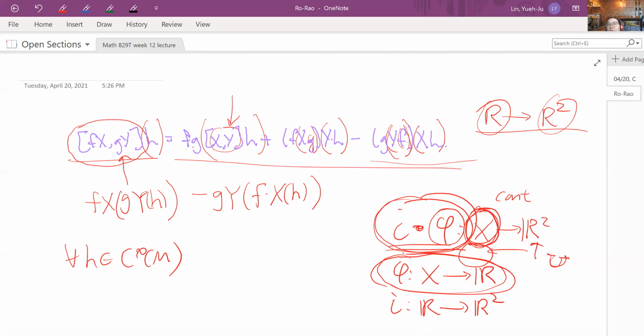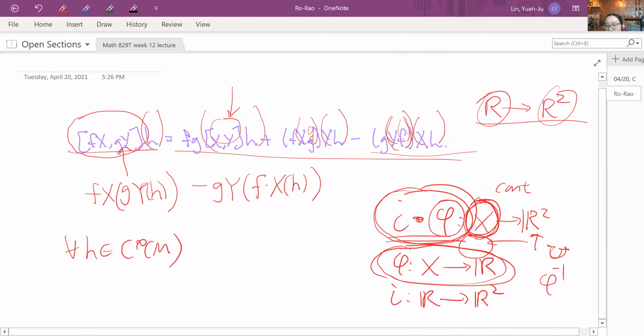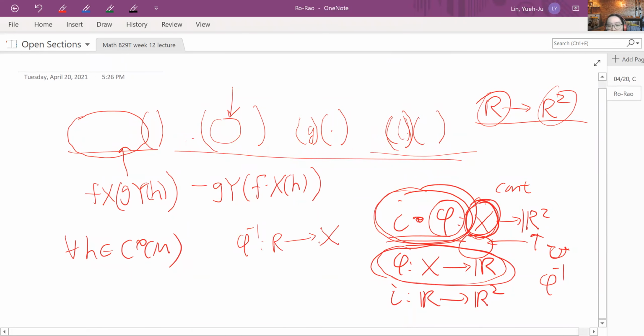Then also the phi inverse, right? You cannot do it, first of all, because of the domain. Phi inverse is from R back to X. If you want to do the inclusion map, then you cannot compose with inclusion, because the domain doesn't match up.